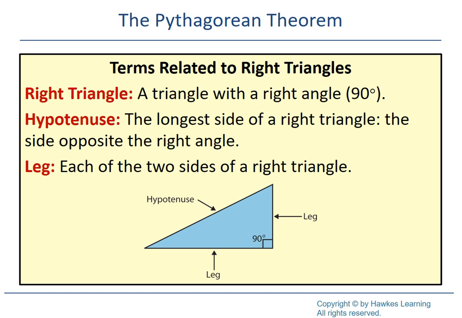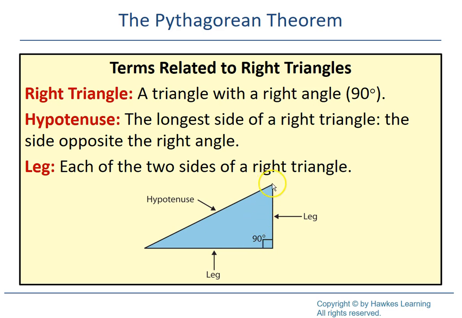So, in your notes, I would sketch a right triangle, the area in blue here. And as we define it, there is a right angle. Right angles are 90 degrees, something you should know.